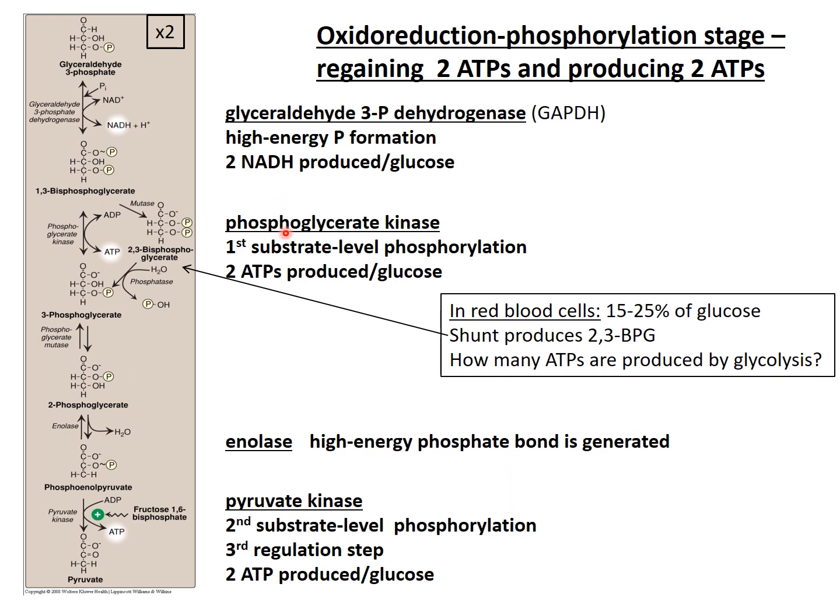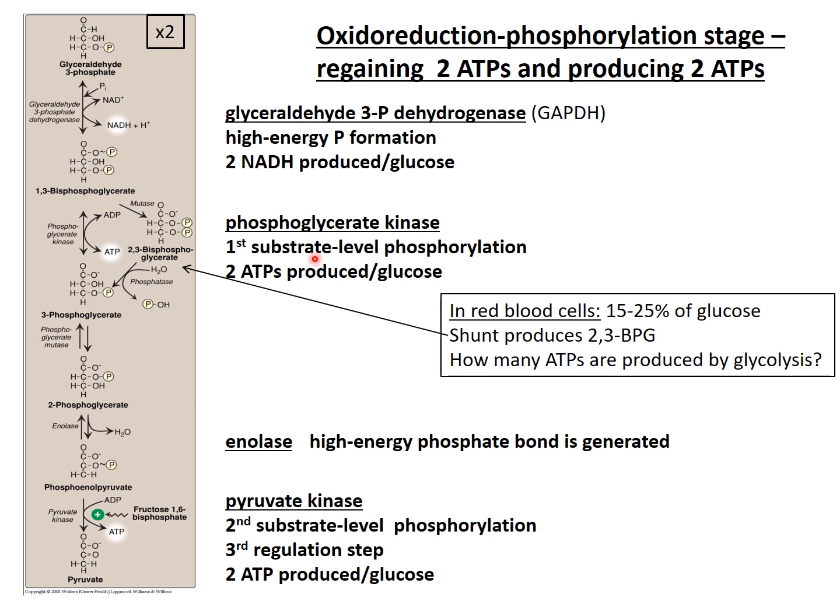The next enzyme is phosphoglycerate kinase, and this is the first enzyme which will produce ATP for you. How many ATPs per glucose? 2. Because remember, we have 2 of everything here if we calculate back to glucose. Now, we are producing high energy phosphate, and we are taking out that phosphate in the form of ATP.